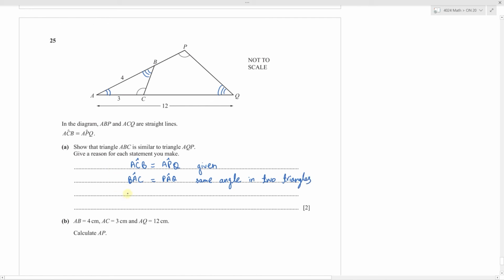And then you can say angle ABC is equal to angle AQP, because this is the third remaining angle in the triangle. So all three angles are equal. So triangles are similar.